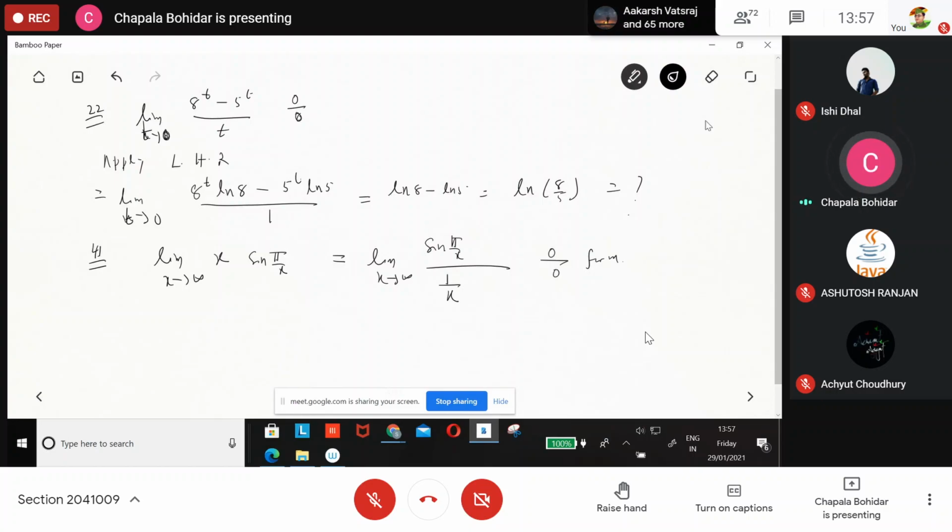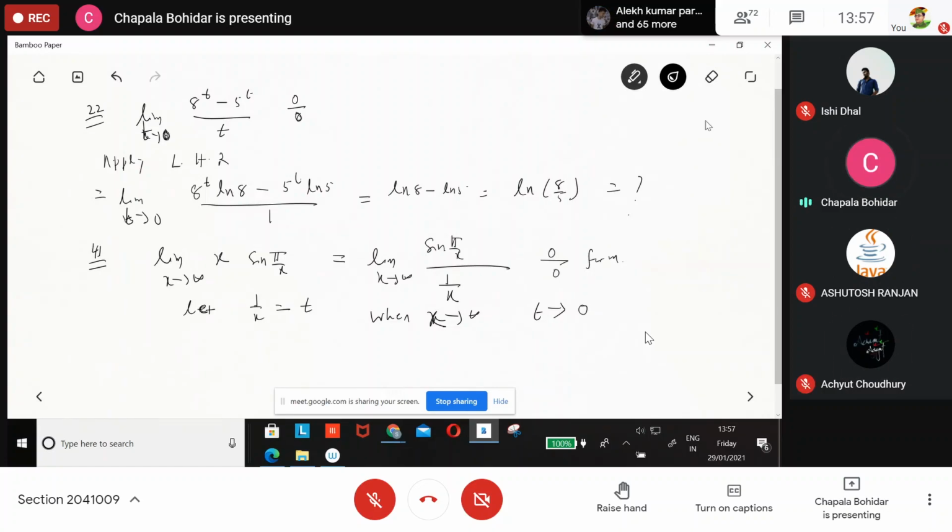So how will we solve it? Let 1 by x be equal to t. When x tends to infinity, t tends to 0.